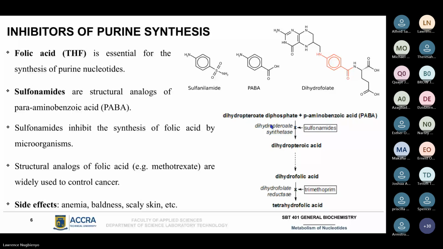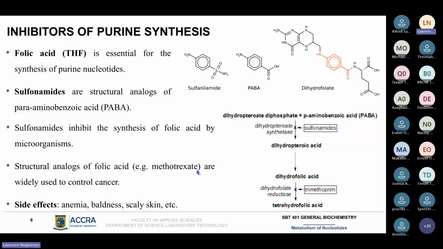We have another structural analog, methotrexate, which is a drug widely used in the treatment of some cancers. And methotrexate is a structural analog of folic acid.